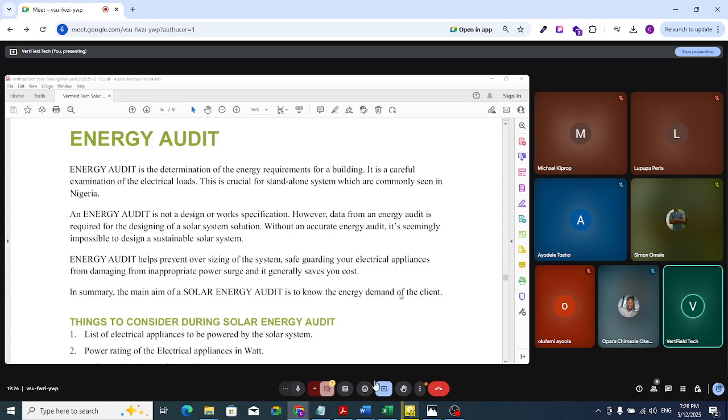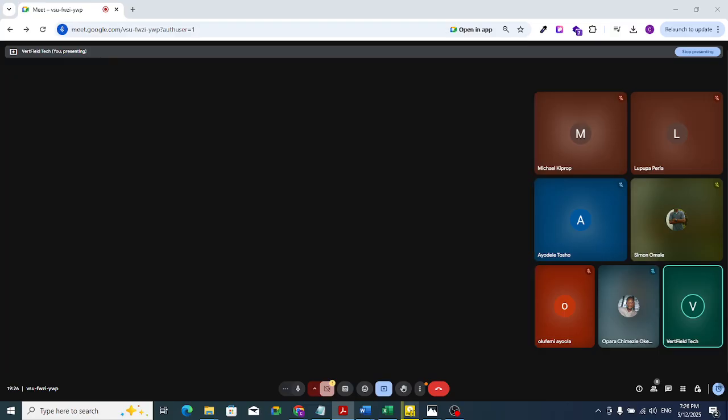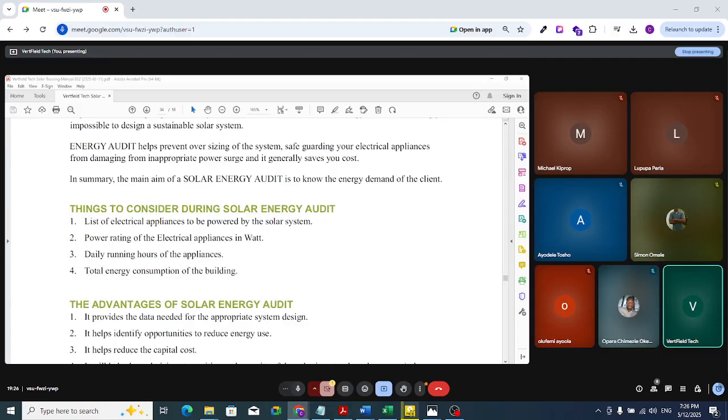So I believe you all can see my screen. Please indicate if you can see my screen. Can you all see my screen? Please kindly indicate you can see my screen. Don't you guys know how to use this? Okay, Mr. Simon can see my screen. Who else can see my screen?